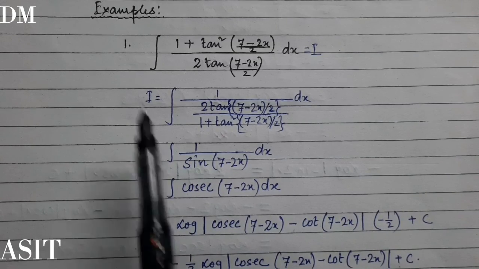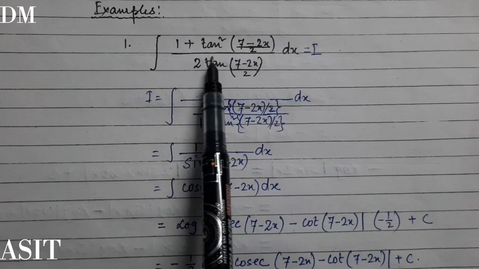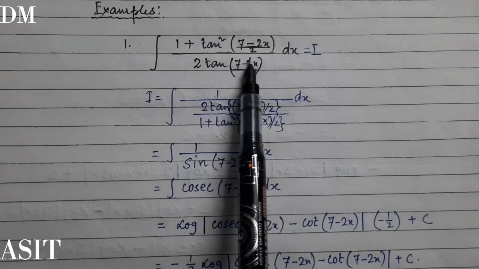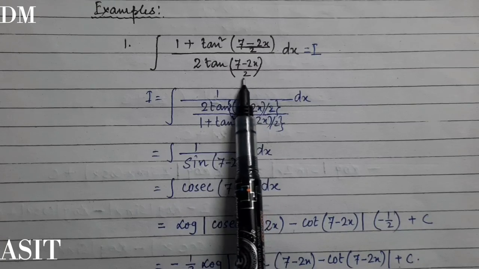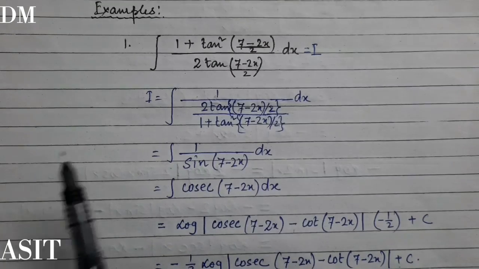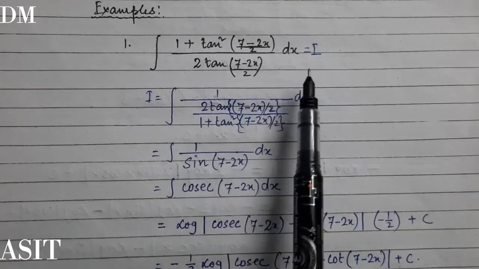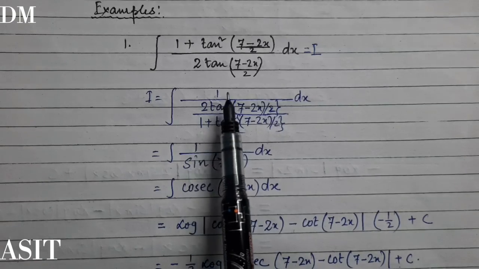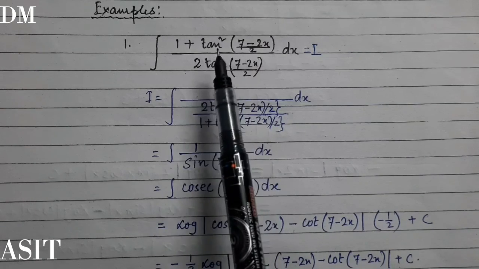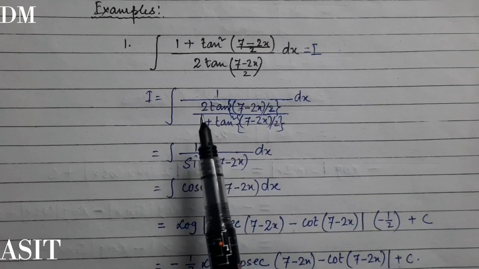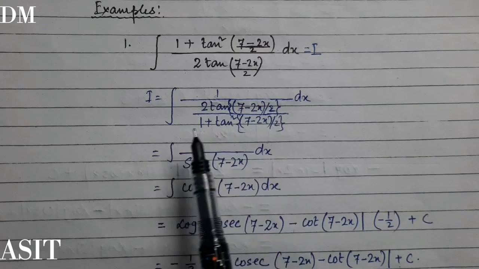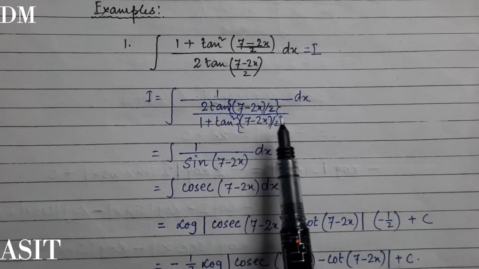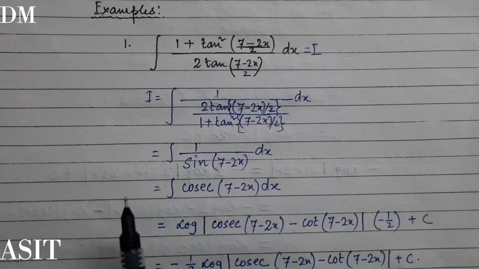So the first example is the integral of 1 plus tan square of (7 minus 2x)/2 over 2 tan (7 minus 2x)/2 dx. Here we can write the integral I as 1 by the reciprocal of that. If I take the reciprocal, it will be 2 tan (7 minus 2x)/2 divided by 1 plus tan squared (7 minus 2x)/2.